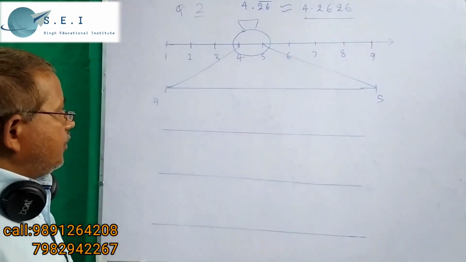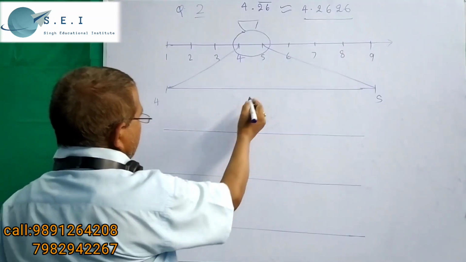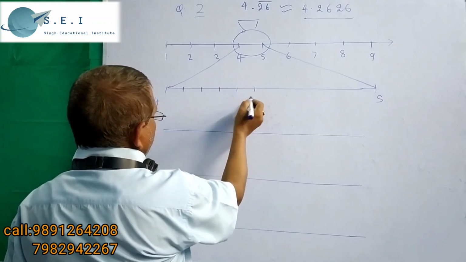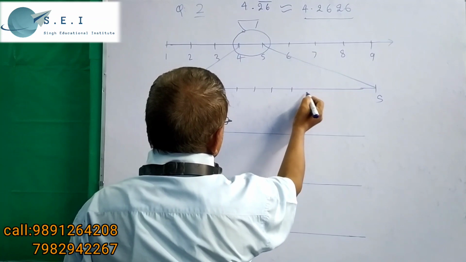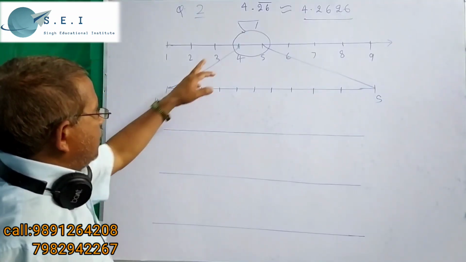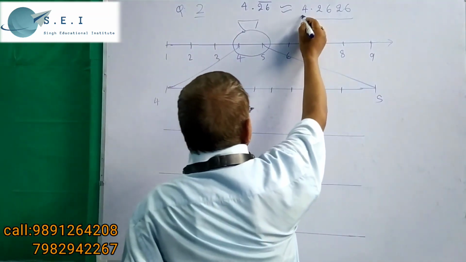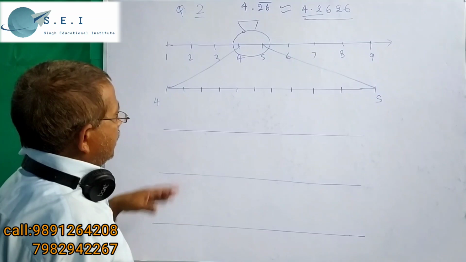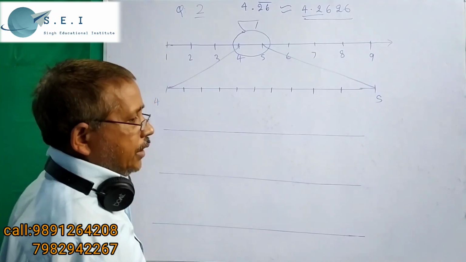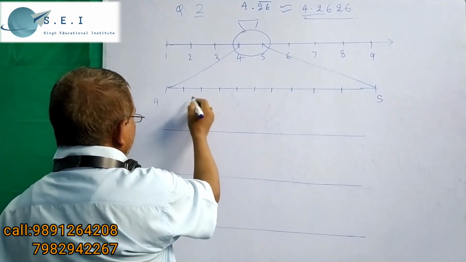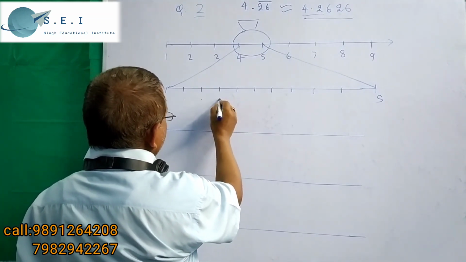Divide the interval between 4 and 5 into 10 equal parts: 1, 2, 3, 4, 5, 6, 7, 8, 9 and 10. Then we take the first digit 4.2. So our number is greater than 4.2 and lesser than 4.3. Therefore, this is 4.1, 4.2, 4.3.